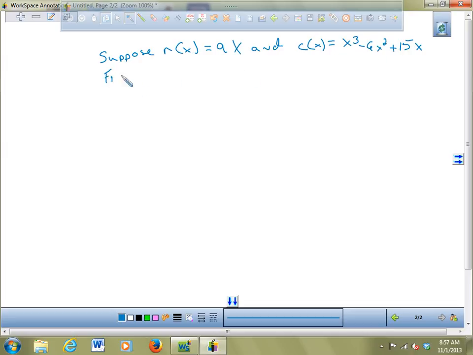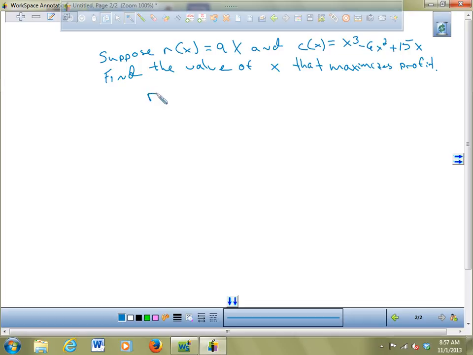Find the value of x that maximizes the profit, okay? And so all you have to do is take the derivative of this.